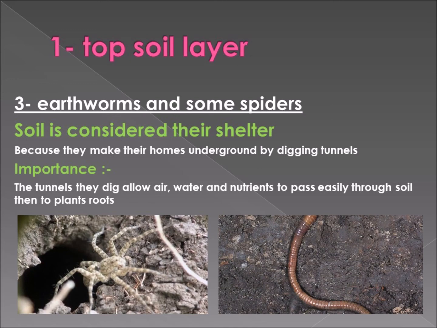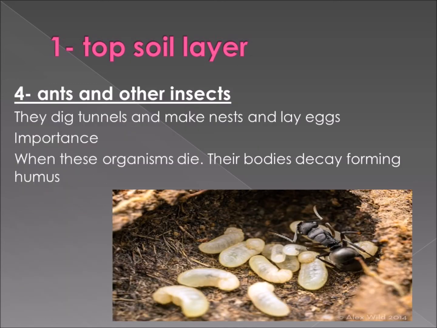Okay, the fourth and last thing in the topsoil layer, ants and other insects. Like you see in the picture now, the ants also dig tunnels and make nests and lay eggs inside the soil. It not only includes this part, its shelter, no, it also makes nests and lay eggs inside the soil.